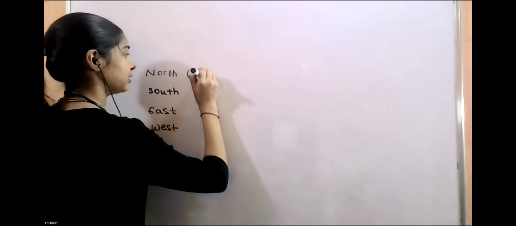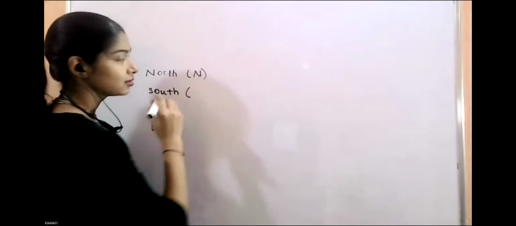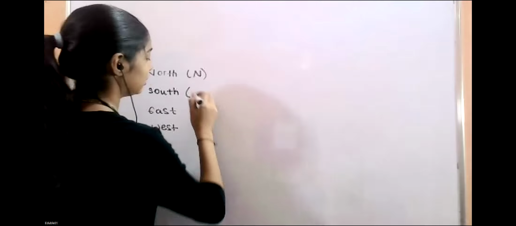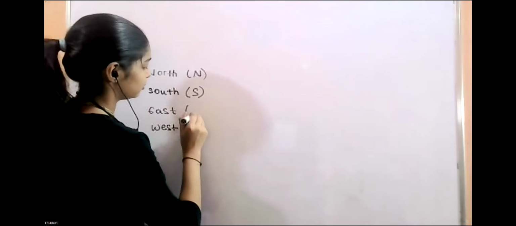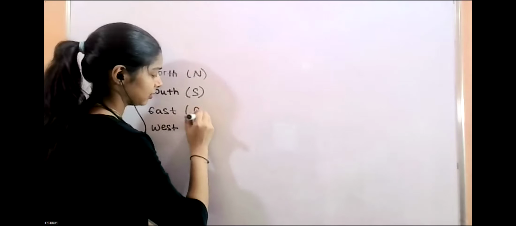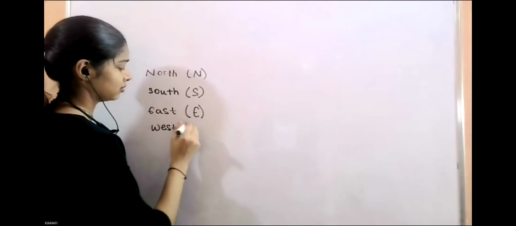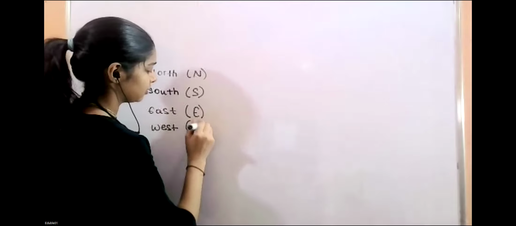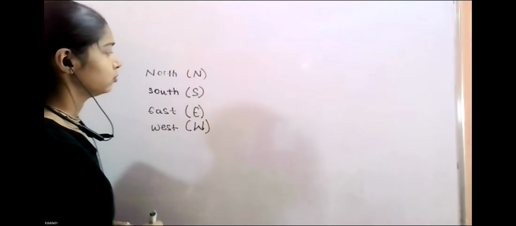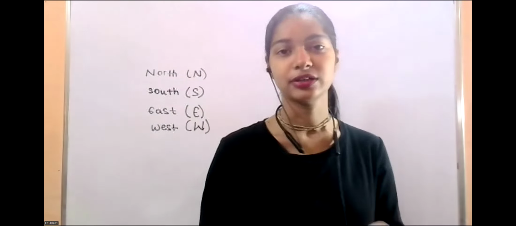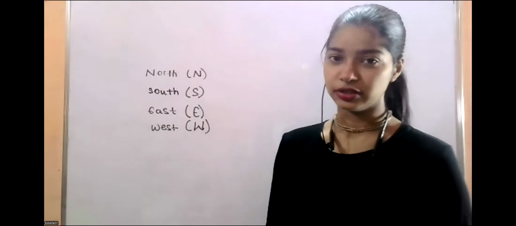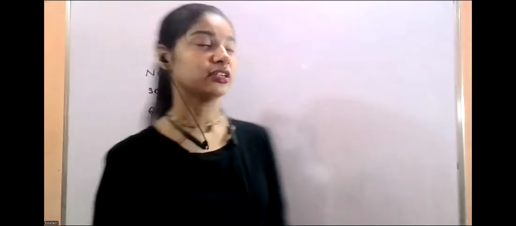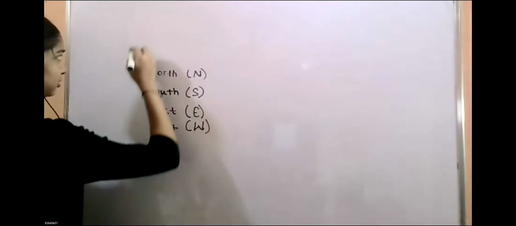North is denoted with the capital letter N. South is denoted with the capital letter S. East is denoted with the capital letter E. And west is denoted with the capital letter W. So all are the initials of their directions. So these are our four directions, and the name of these directions is cardinal directions.